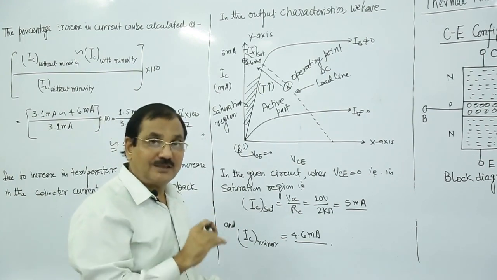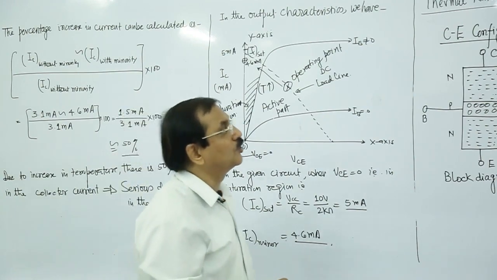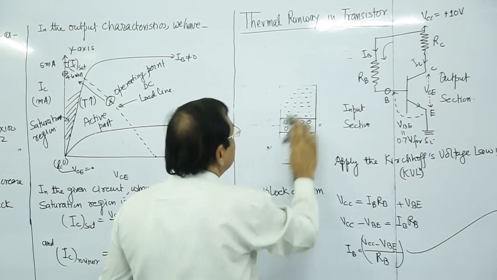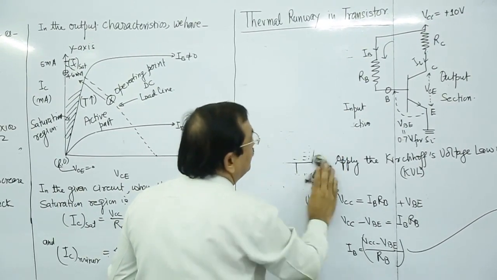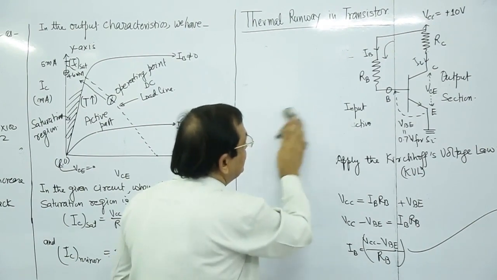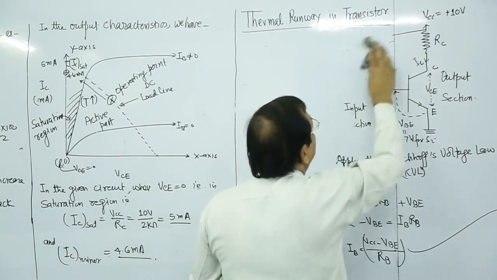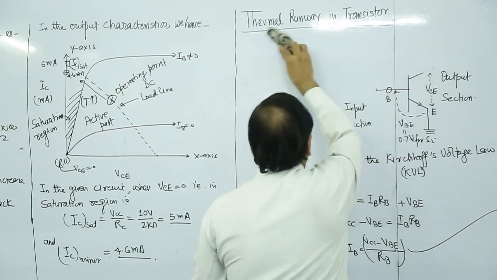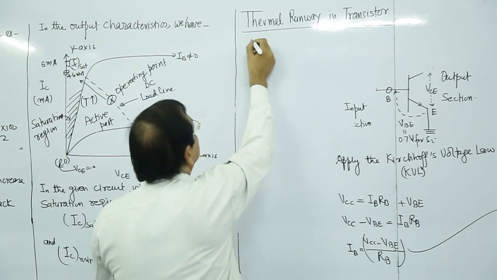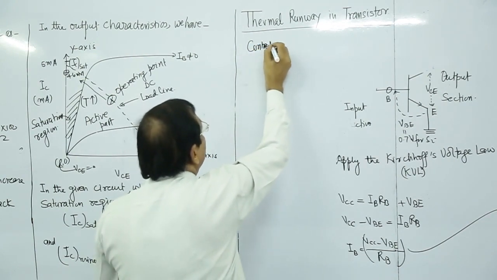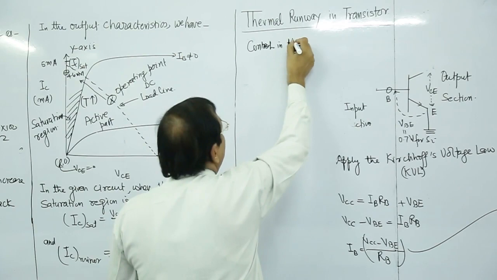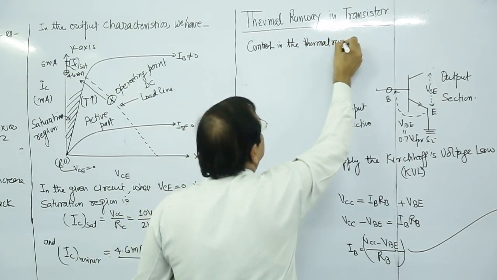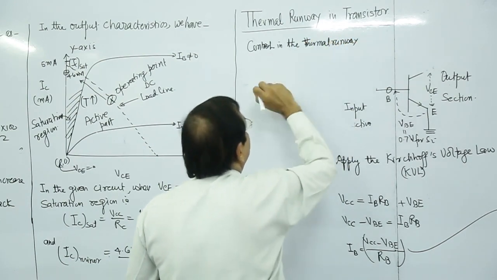Now, how to control this? In order to control this, we change the circuit using a control mechanism, something like this. We have to control the thermal runaway.